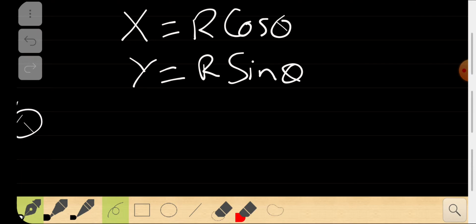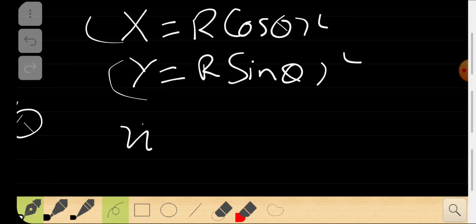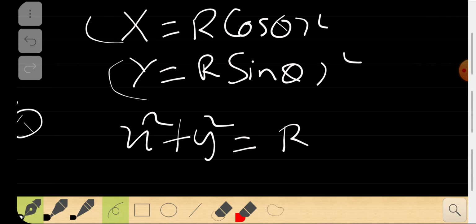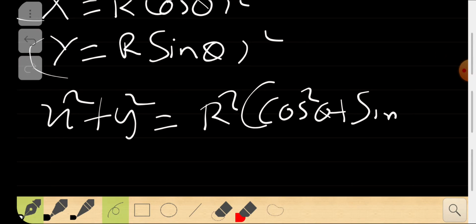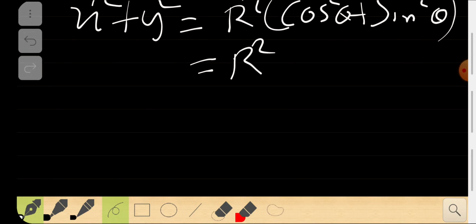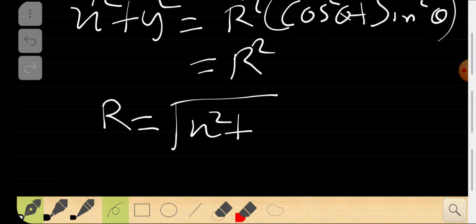All you have to do is take the square of both and sum them. So you get x square plus y square on both sides, which is equal to r square times cos square theta plus sine square theta. Cos square theta plus sine square theta is a trigonometric identity equal to 1, so r square is obtained from that. So r is equal to the square root of x square plus y square.